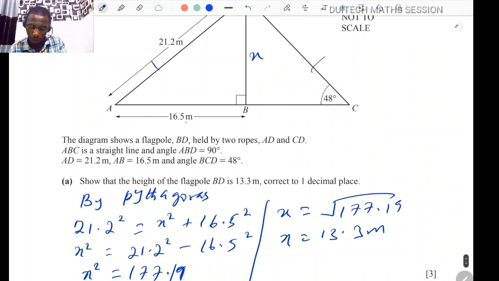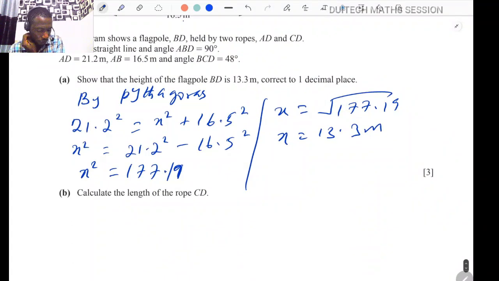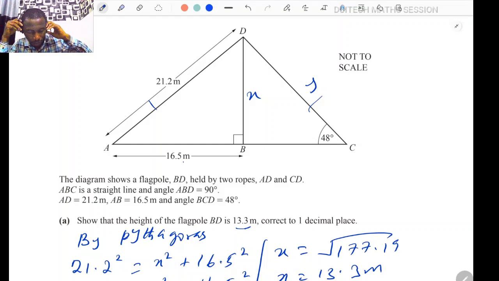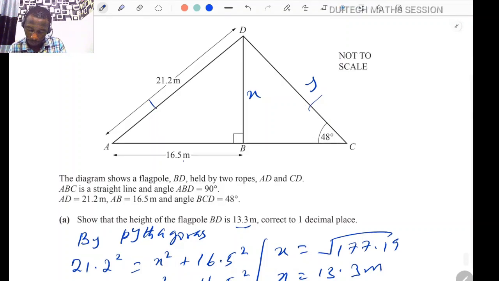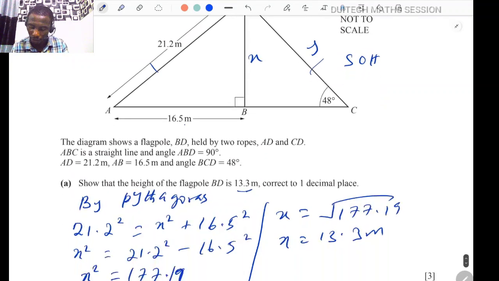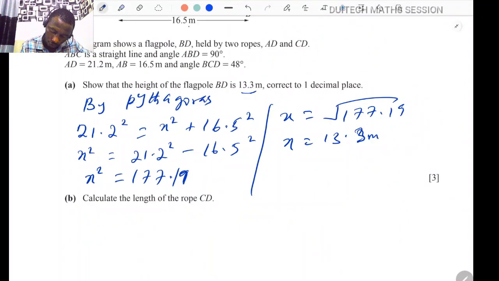What I want to do now is calculate the length of the rope, y. Our x is already given as 13.3. To calculate y, we look for the SOHCAHTOA that matches the opposite and hypotenuse, so it is sine.